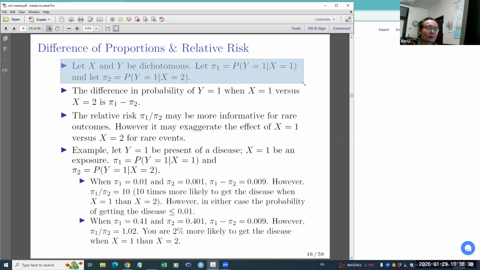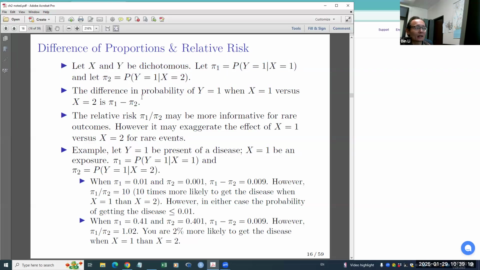Both pi1 and pi2 are about the probability of having Y equal to 1. But the difference is what? Pi1 is conditioned on X is 1. Pi2 is conditioned on X is 2. So that means they are the Y equals 1 rate, but among different groups. Pi1 is for group 1. Group 1 means X is 1. Group 2 means X is 2. Okay, so we want to compare pi1 and pi2.